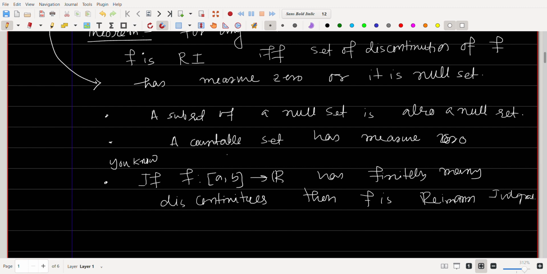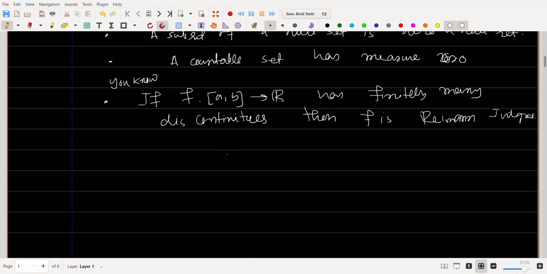From the above properties, you know that a countable set has measure 0 and any subset of a measure 0 set is of measure 0. Finite sets are subsets of countable sets, so a finite set also has measure 0. In this way you can deduce all the results you have seen in real analysis.